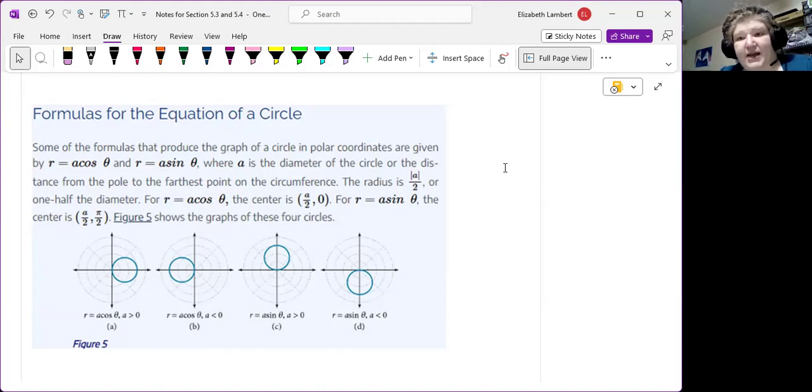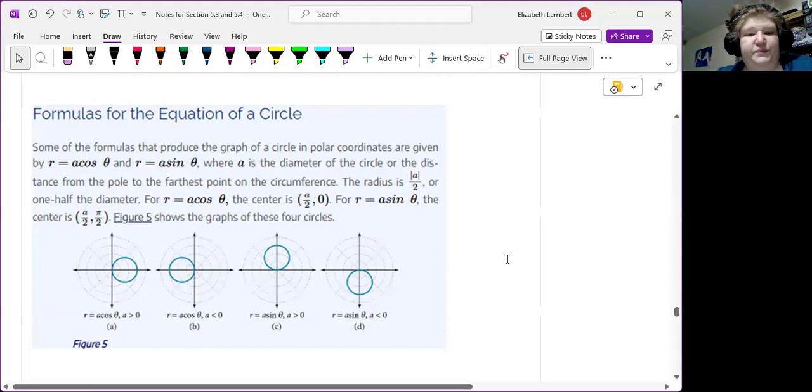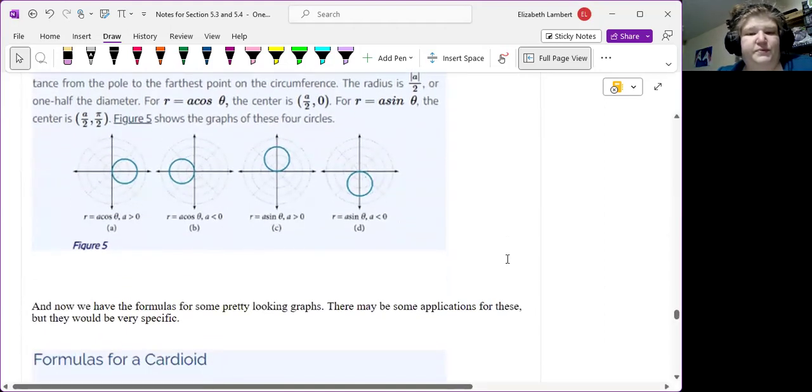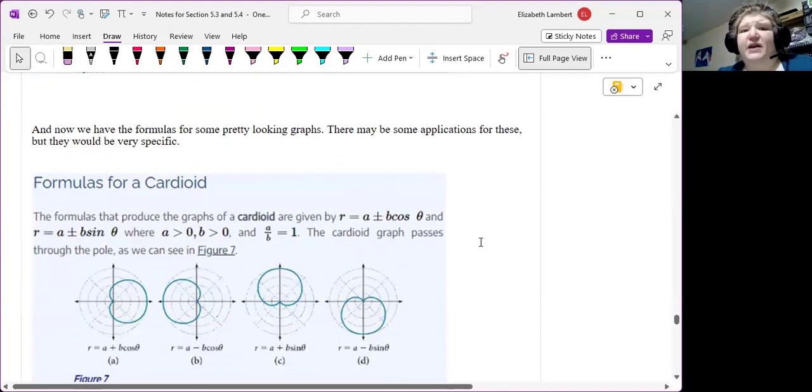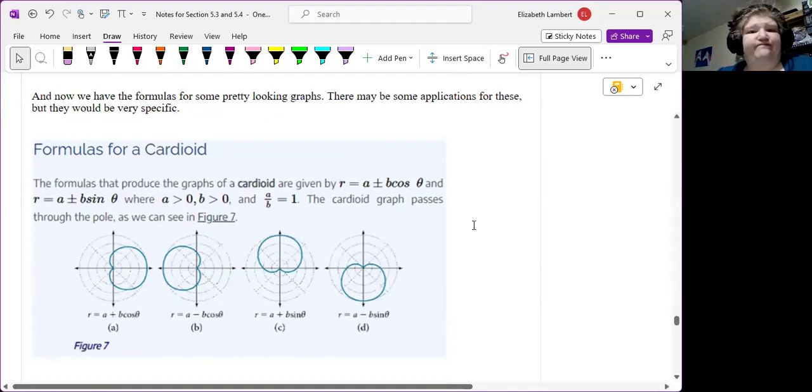If it's a sine graph, like just a sine theta, then it graphs a circle above or below. Some of these have applications, but it's one of those very special, specific circumstances that I am not really aware of. So in math, this was literally the, oh, look, pretty pictures, and that was it.